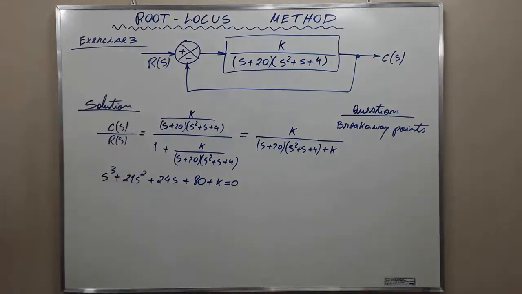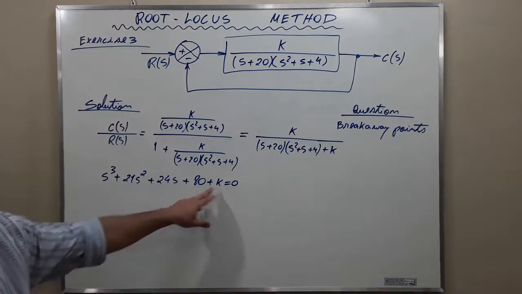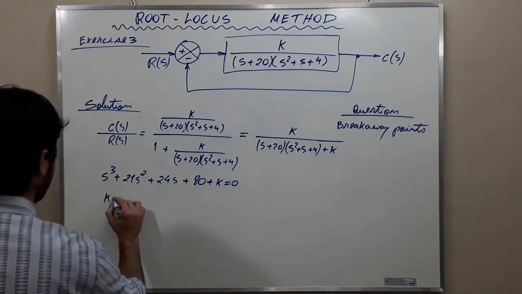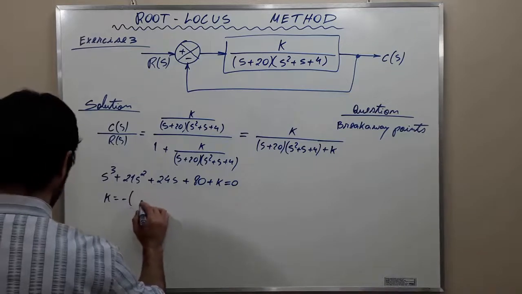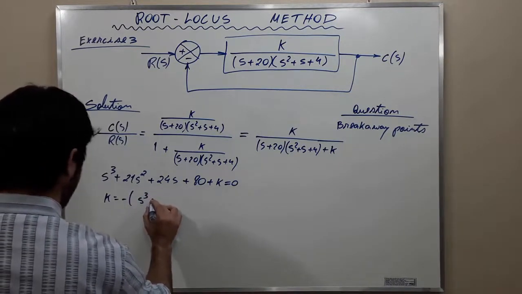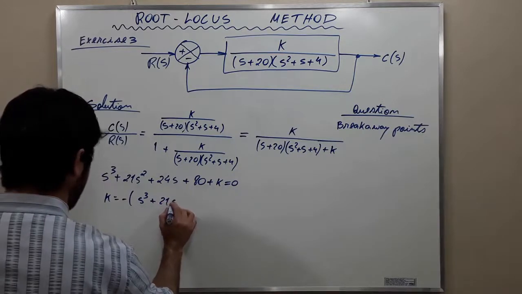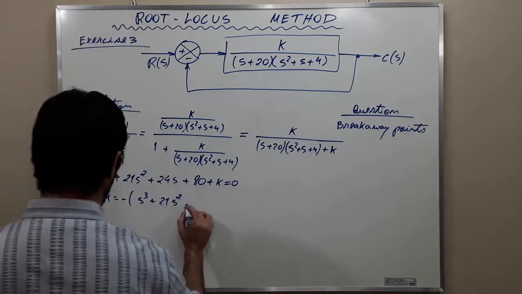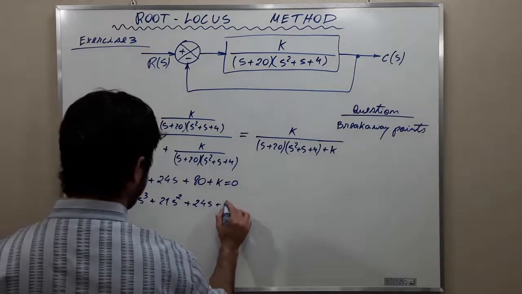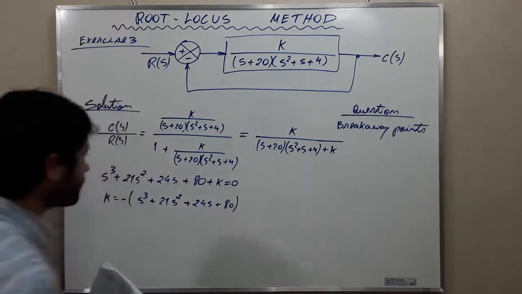To find the breakaway points, we need to write K in terms of S. Like this, K is then equal to minus (S cubed plus 21S squared plus 24S plus 80).